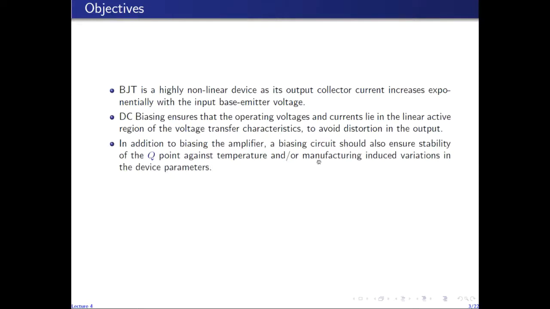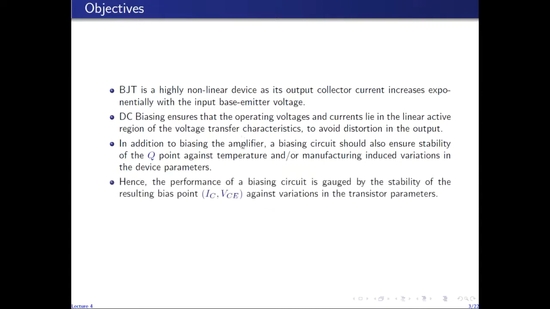In addition, there are manufacturing induced variations in the transistor parameters, which means that given any two transistors, their parameters can never have exactly the same values. There will always be some slight variations in their parameters, even if the transistors come from the same manufacturing process. They will always have slight differences in their parameter values. So these variations in the parameters, either temperature or manufacturing induced, change the bias point of the amplifiers.